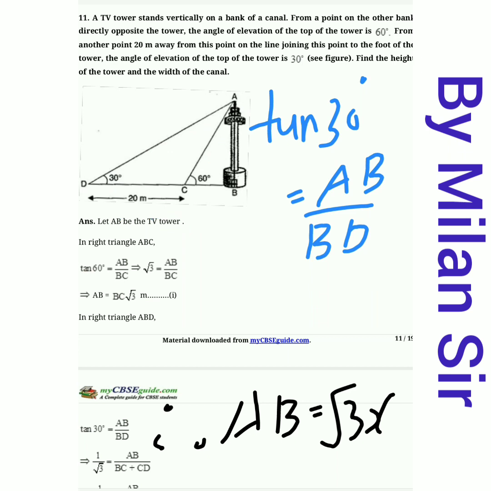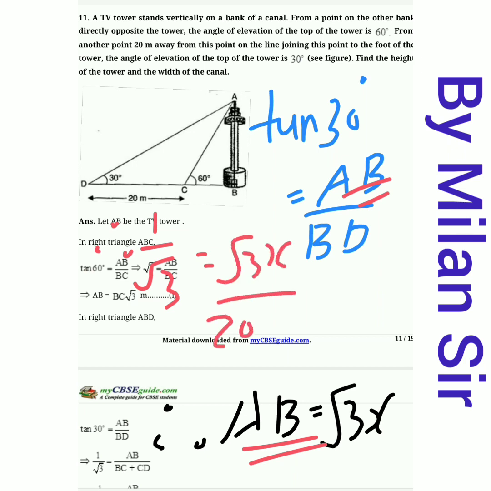Now put the value of tan 30. It is 1 upon under root 3. Now we can put the value of AB from the first triangle, so it's under root 3 X upon BD, which is 20 plus X. So from the first triangle we found AB is equal to under root 3 X, and we put this value in the second triangle in place of AB.